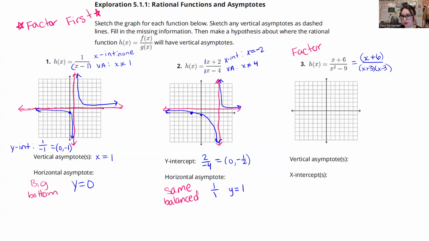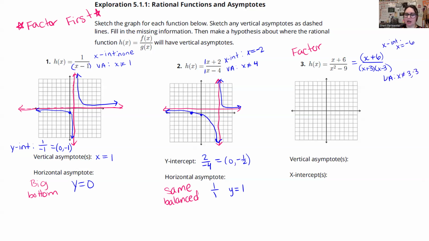We're still going to find the same things from the numerator and denominator. From my numerator, I'm going to figure out my x-intercepts. And from my denominator, I'm going to find out my vertical asymptotes. So what is my x-intercept? Yep, x equals -6. Very good. And my vertical asymptotes, x is not going to be equal to what? 3 or -3.